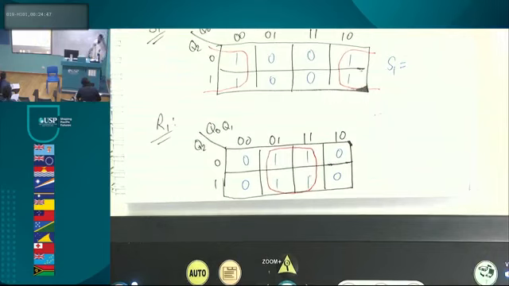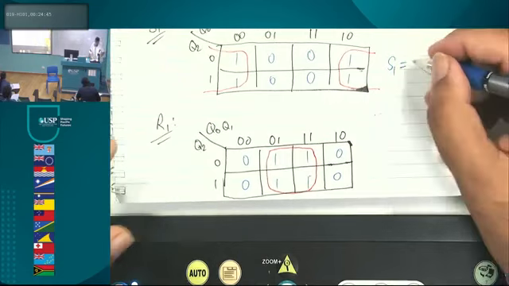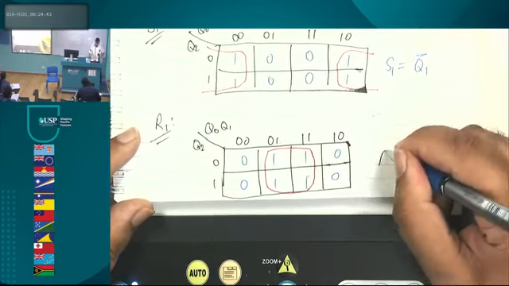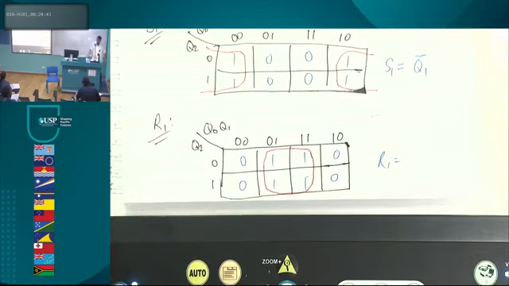What is S1 equal to, guys? This one, R1 is equal to? R1 is equal to Q1.